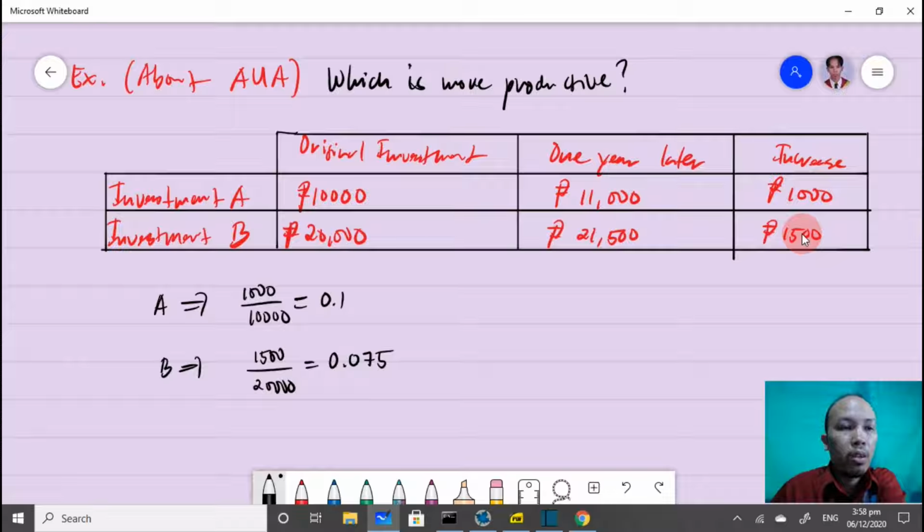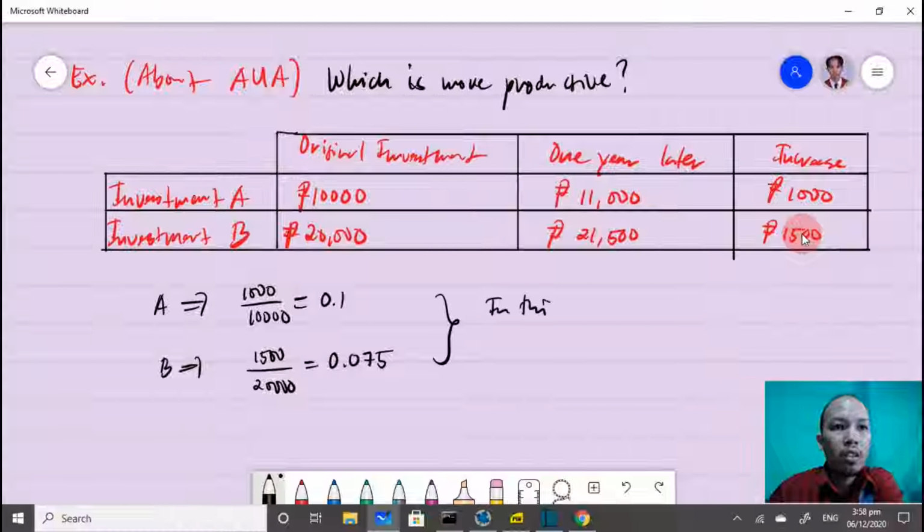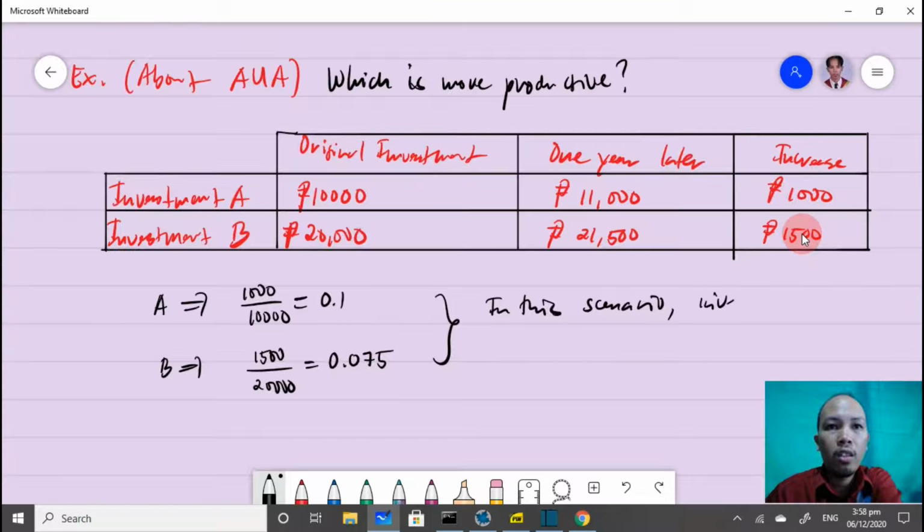So in this scenario, investment A was more productive.